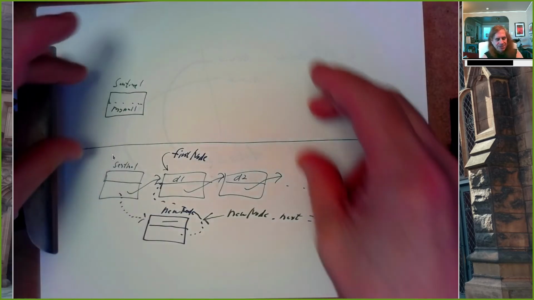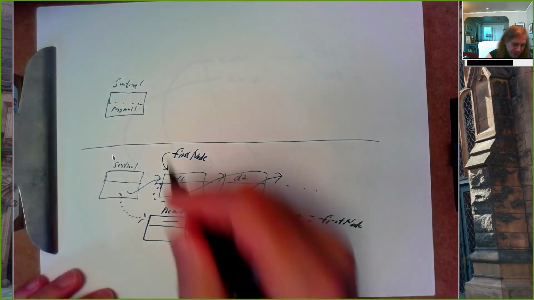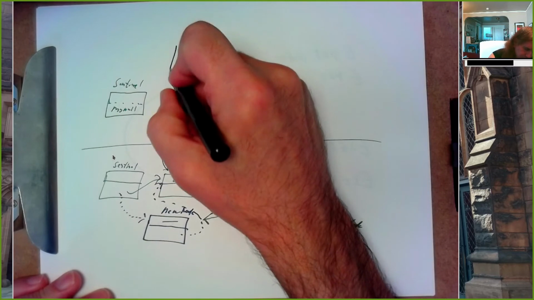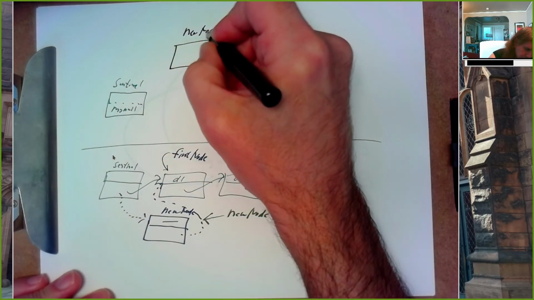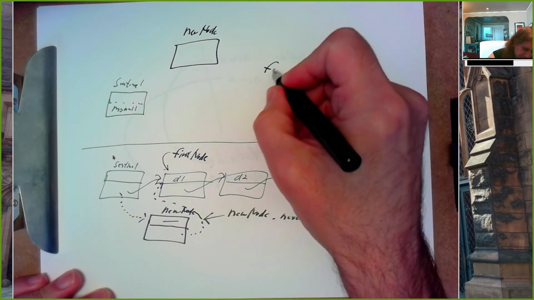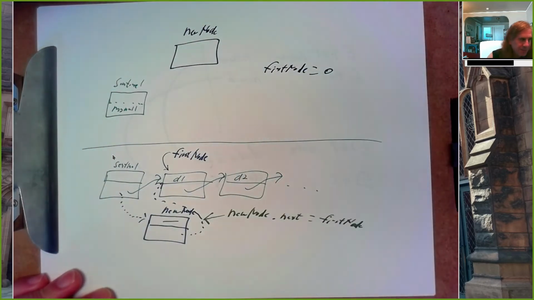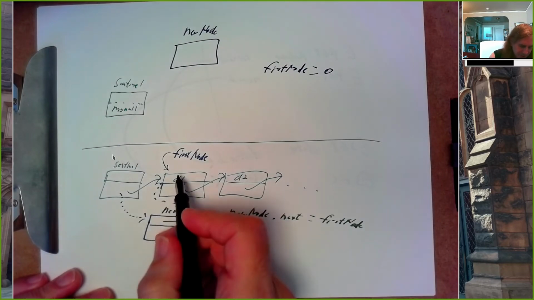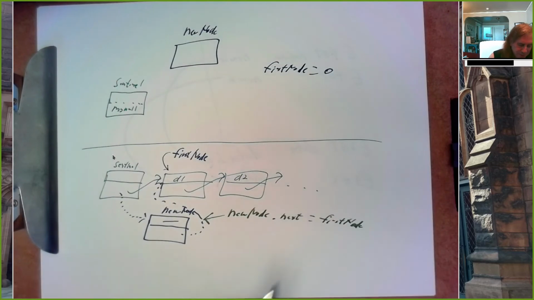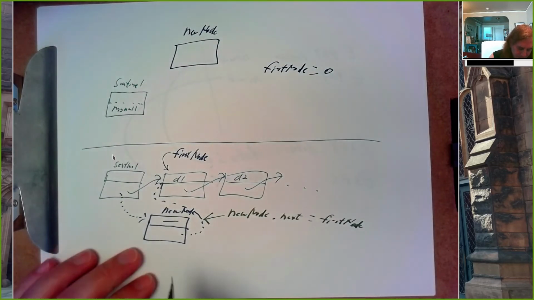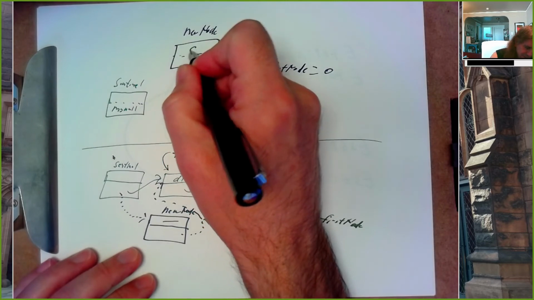So what about the case where our list is empty? What if our list is empty? We're going to create a new node. And in this case, first node is going to end up being equal to 0, because first node is the thing that sentinel points to, it's going to be my null, which we know is 0. But I'm going to load the data value in, same as usual.